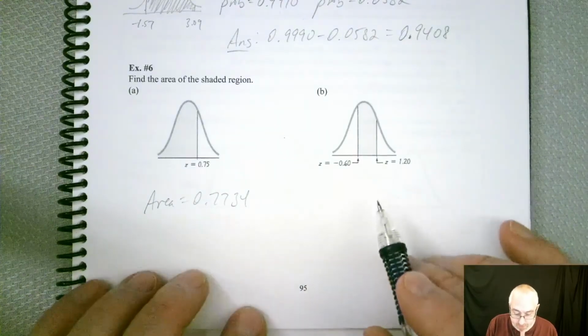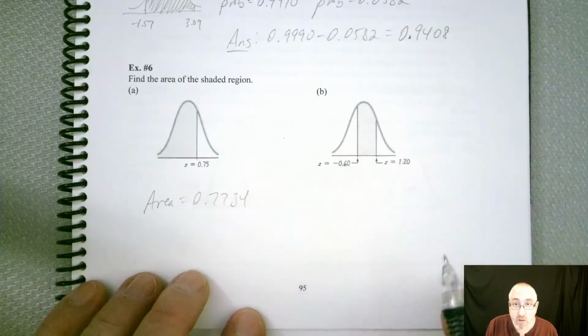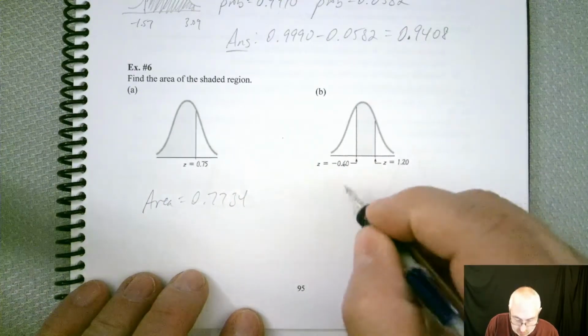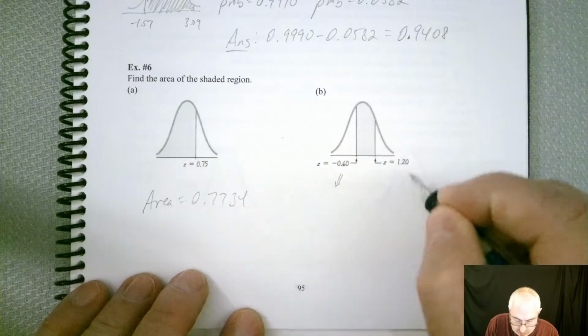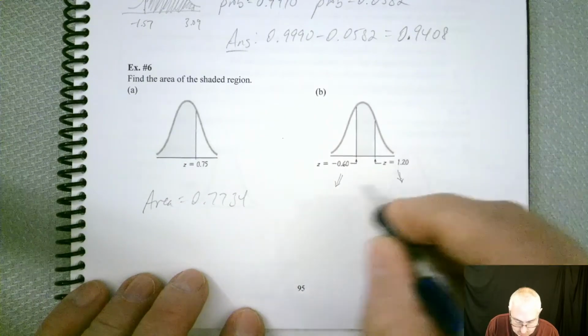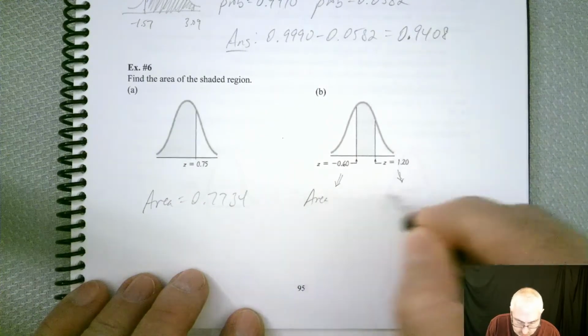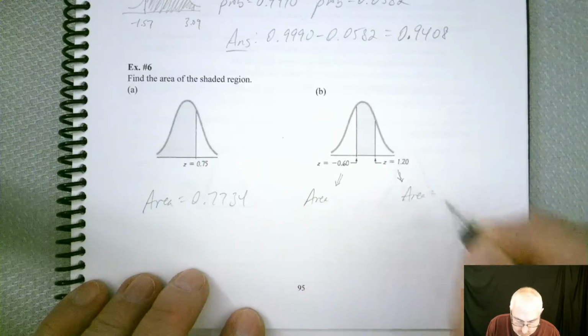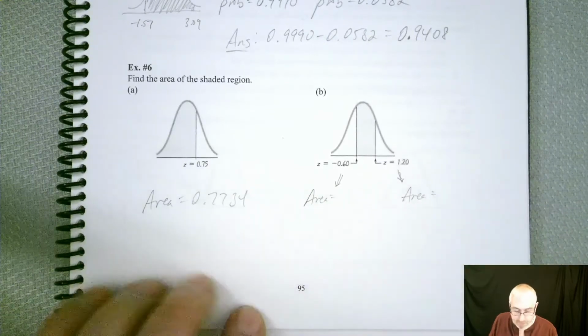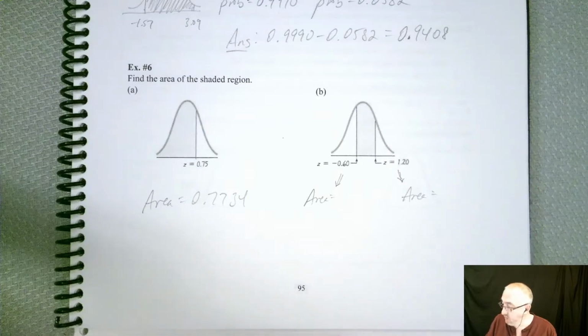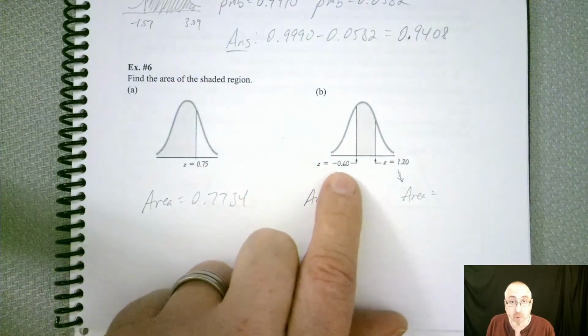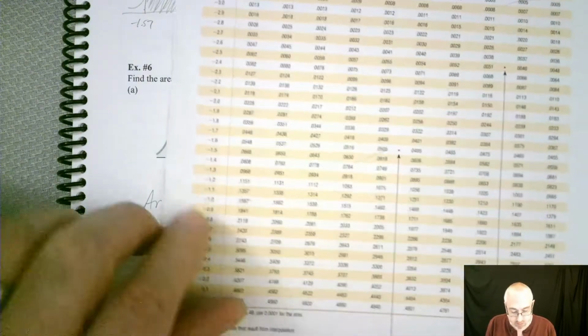Now for this one, we've got an area between two z-scores, so we're going to have to go to our table for both of these. We have an area for this one and an area for this one. So our negative z-score, negative 0.60.